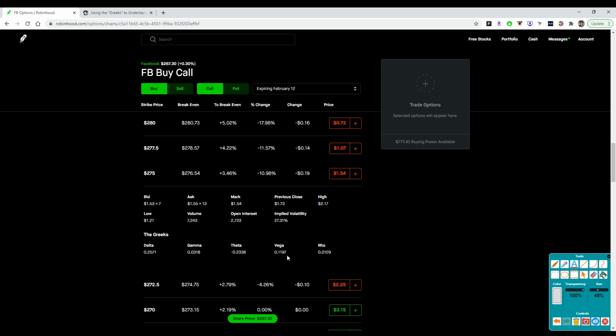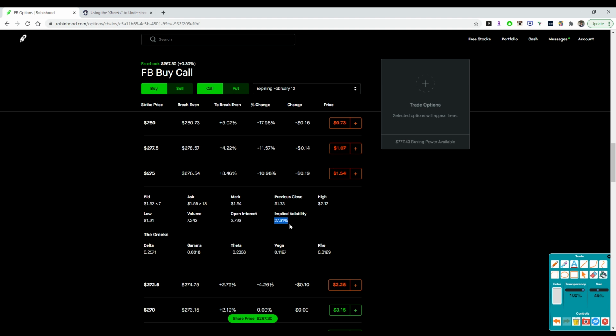Now, next, we're going to look at implied volatility. Implied volatility is the market's forecast of a likely movement in a security's price. Something with higher implied volatility means that there is a lot more expectation that the stock is going to move a certain way. You can see that Facebook has an implied volatility of 27.3%.